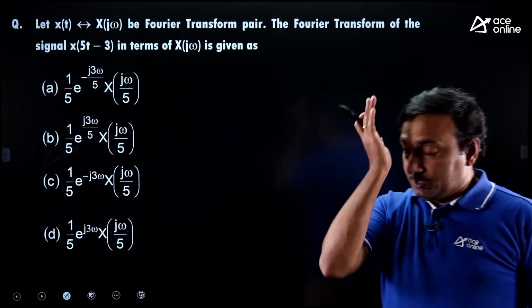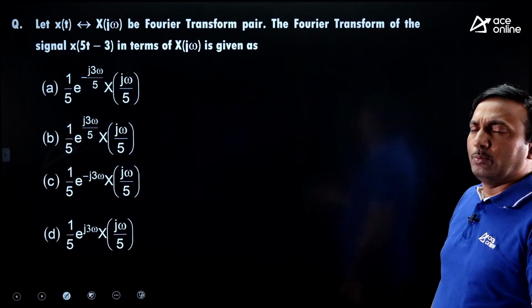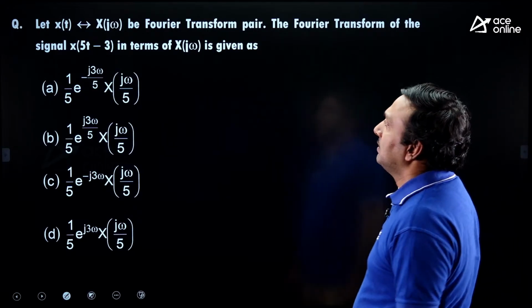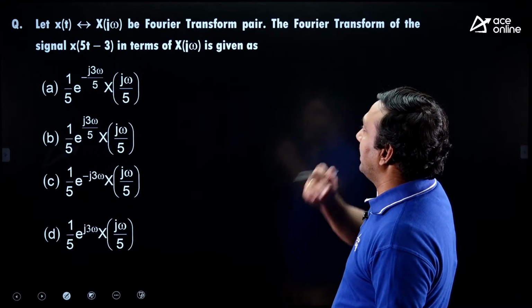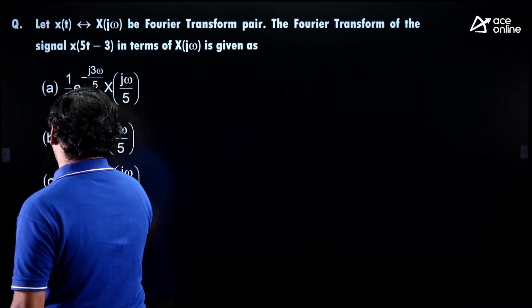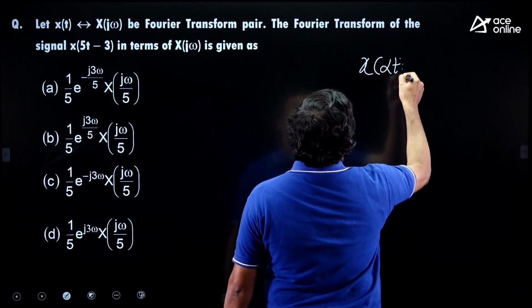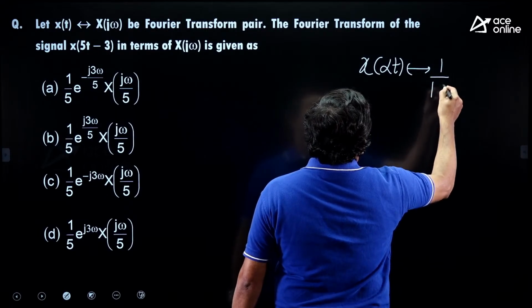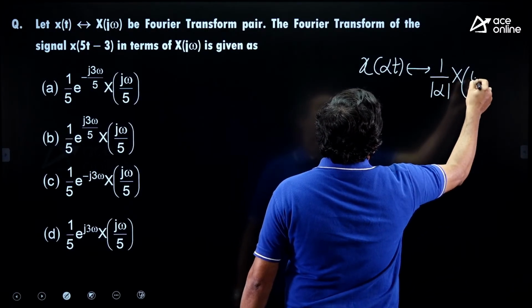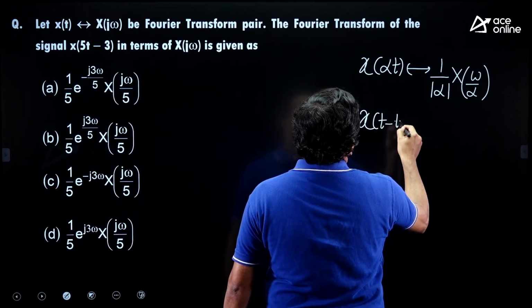Application of properties. If the original signal spectrum is x of omega, x omega or x of j omega means the same. How to get the Fourier transform of x of 5t minus 3? What are the two properties we have to apply here? x of t became x of 5t. We need time scaling: x of alpha t gives 1 by mod alpha, x of omega by alpha, as well as shifting.